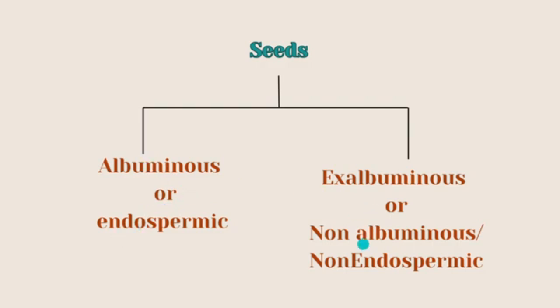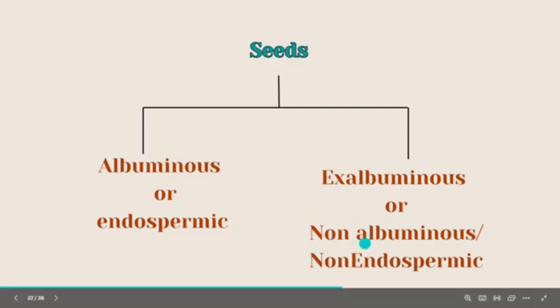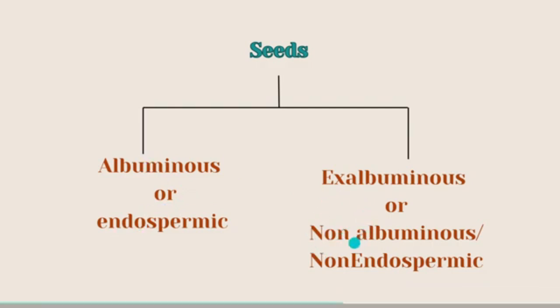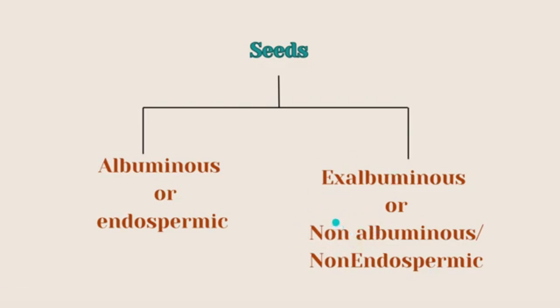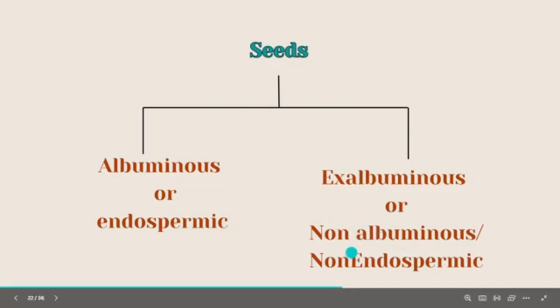Whereas in ex-albuminous or non-endospermic seeds, the food is accumulated in the endosperm tissue at an early stage, but later during the development of embryo, it is completely utilized by the embryo. So the seed remains without endosperm because the endosperm is completely utilized.